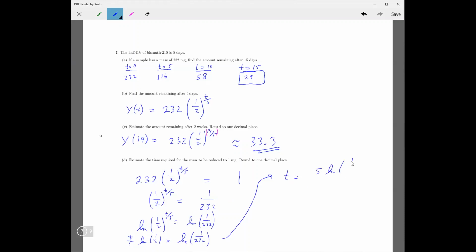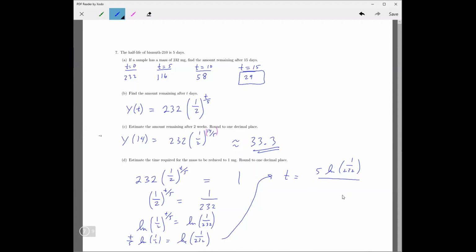Can you scroll down a little bit? I can't see it. Part of the screen's blocked off, just where the bar is for the mute, start video, and all that. It's blocking maybe half an inch of the screen. I just can't see what you wrote underneath the natural log of 1/2 to the t over 5 equals natural log of 1 over 232.